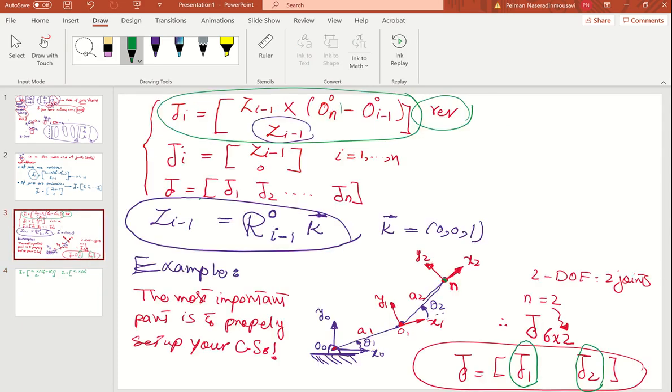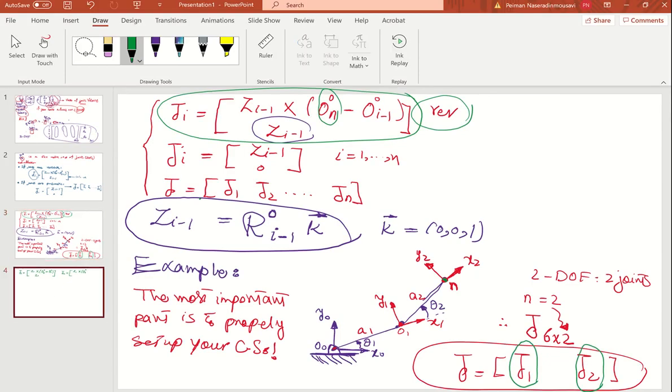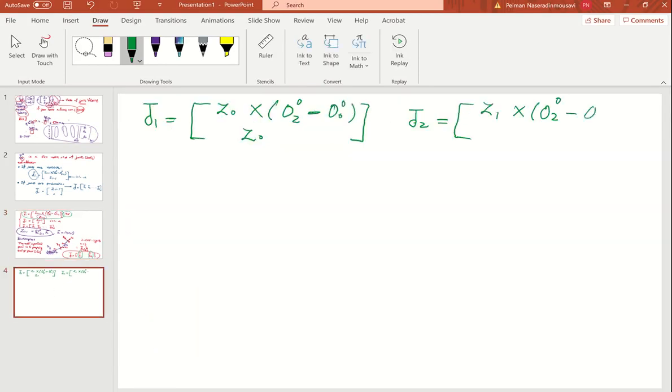This is constant here. And now O(i-1), i is 2, is going to be O1 with respect to 0. Again 0. So now we have to calculate this one by one. Understand?